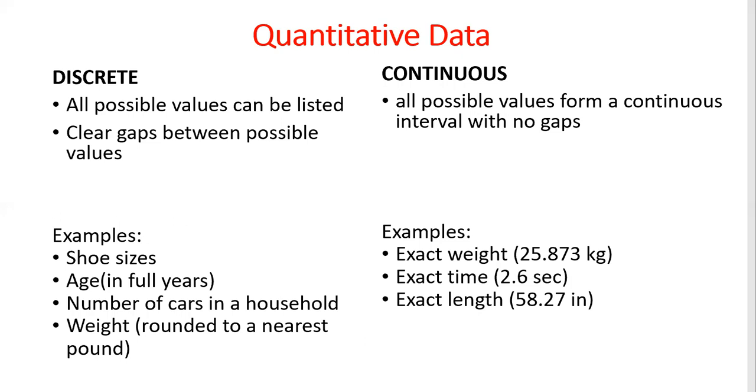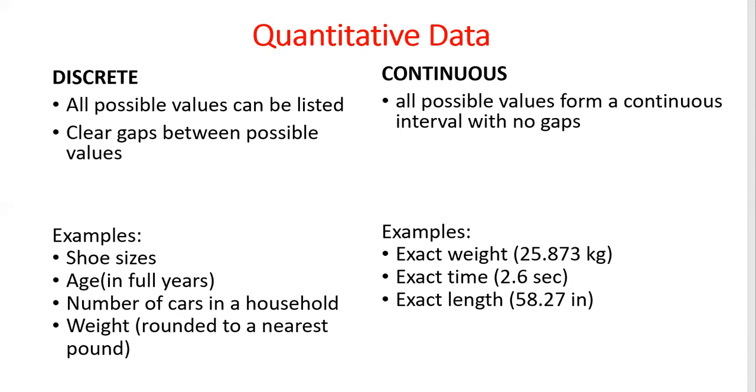For example, shoe sizes, we have 5, 5.5, 6, 6.5. So there are gaps in between sizes and they're occurring at irregular intervals. Age in full years have gaps. Number of cars in a household, weight if rounded to the nearest pound.